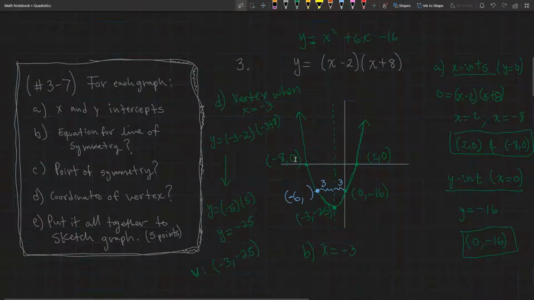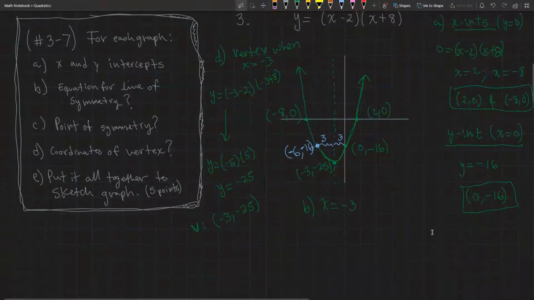Notice how that y value of 0 corresponds to this y value of 0. Therefore, this -16 corresponds to this -16 as their y value. But only the x value is changing. Hopefully you remember that idea and can picture a pretty accurate parabola right there. We labeled a lot of things that we've been working on separately and finally put it together in one problem.